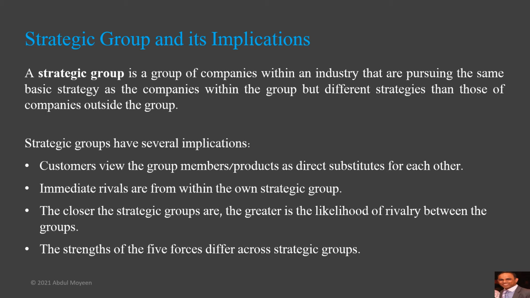Otherwise, they will not compete with each other. The third implication is that the strength of the five forces differs across strategic groups. For example, the strategic group that follows a differentiation strategy, like Mercedes, BMW and Volvo, does not face much threat from customers, while companies like Toyota, Nissan and Honda may face a greater degree of threat from their customers because of their similar strategic focus.